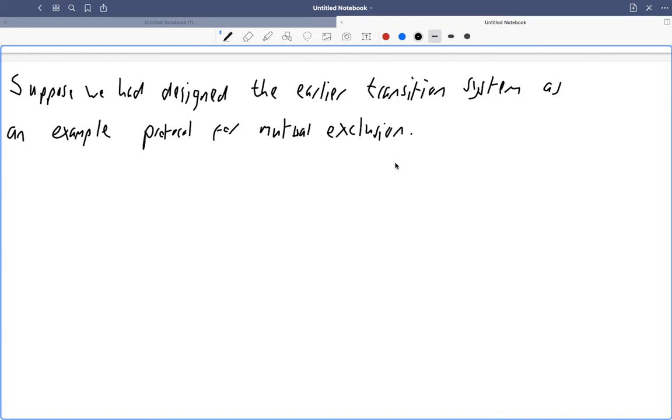Then we could test our model. The idea is that temporal logic would allow us, we've got the desirable property of testing the model.